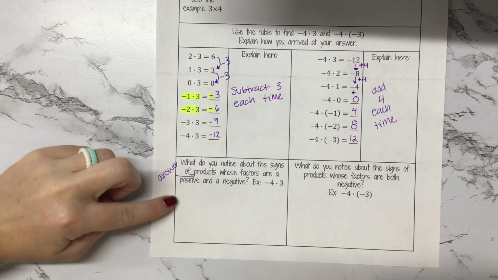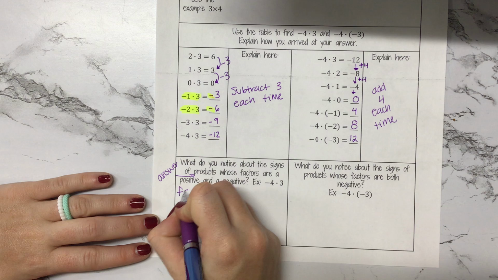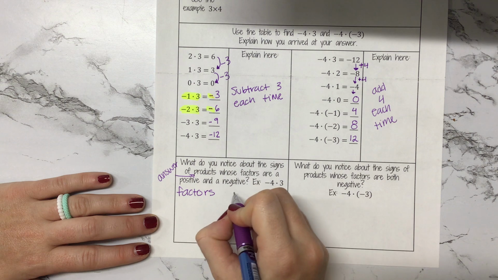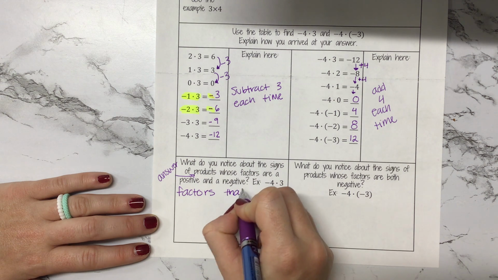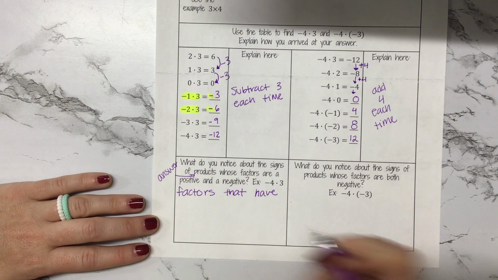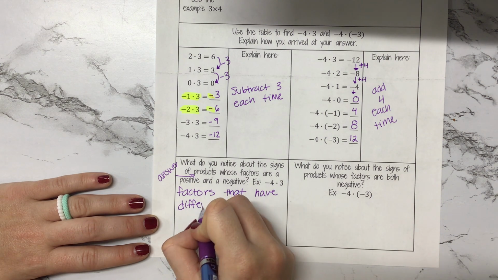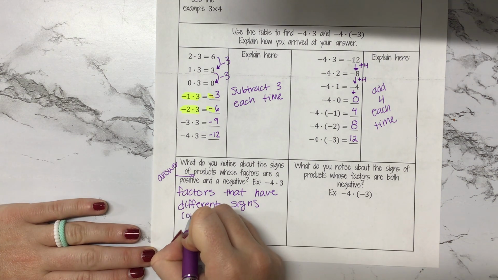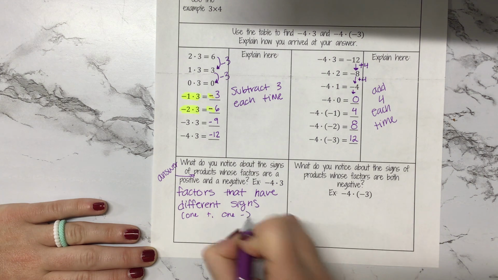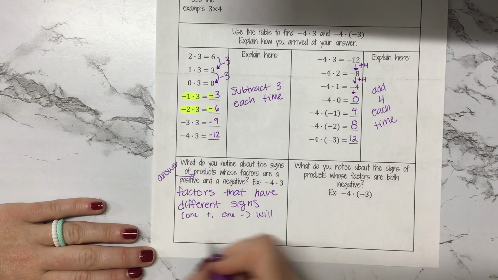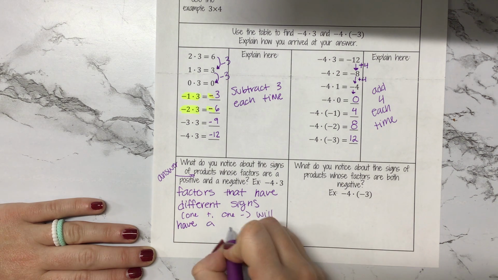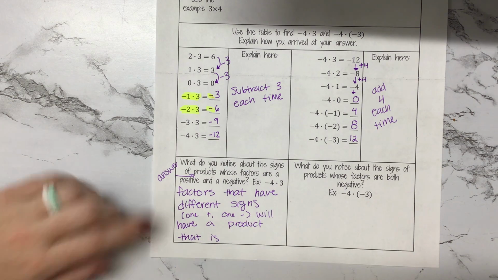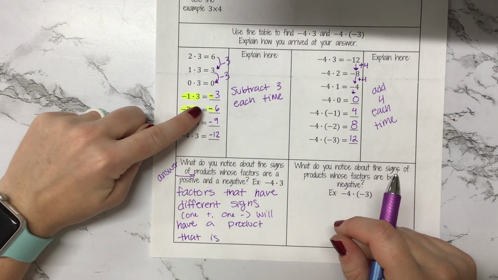So I'm noticing factors that have different signs, so one positive, one negative, will have a product that is what? What was our answer each time when they were different? It was negative.